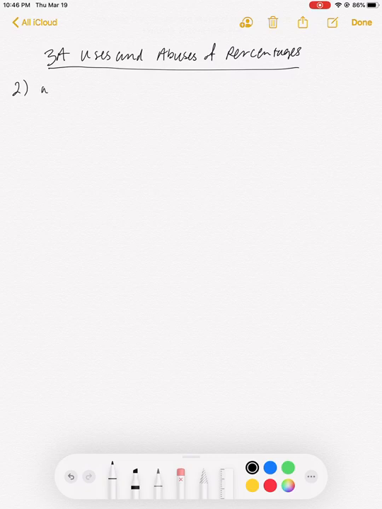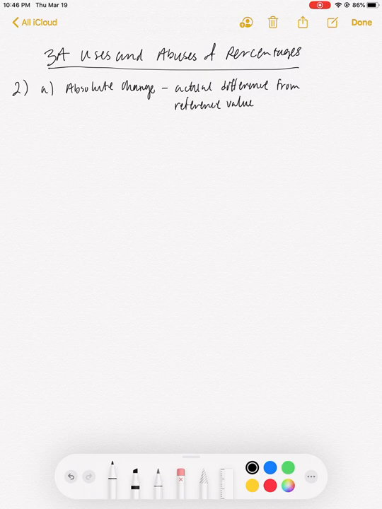Absolute change means the actual increase or decrease from a reference value, or an old value or the starting value, to a new value. So it's the actual difference.